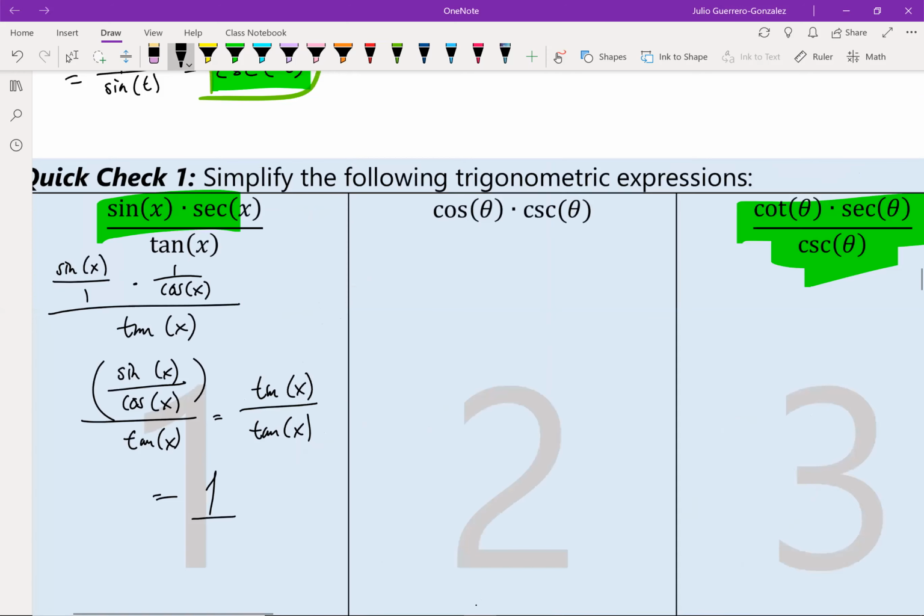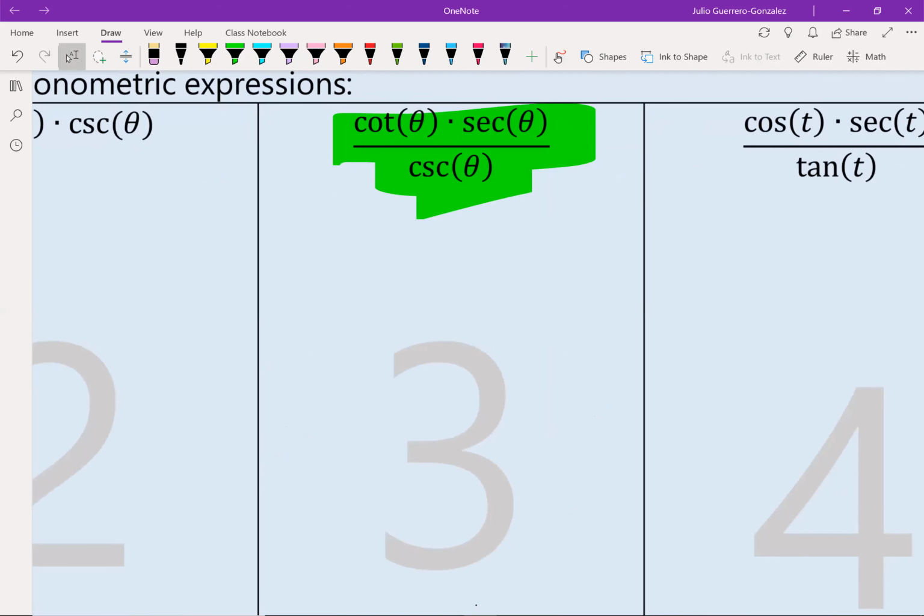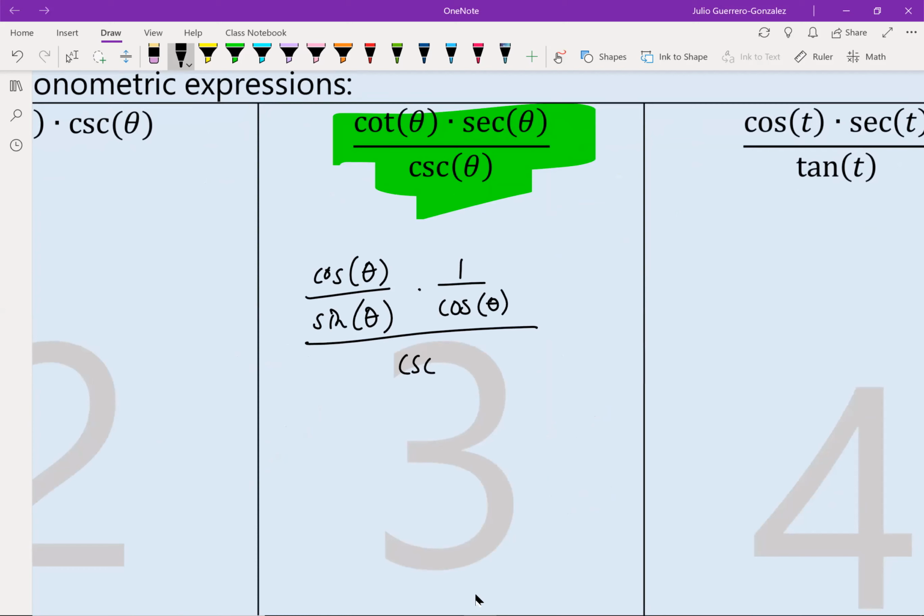Simple enough, right? Okay, cotangent is cosine of theta over sine of theta, times secant, which is 1 over cosine of theta, all over cosecant of theta.